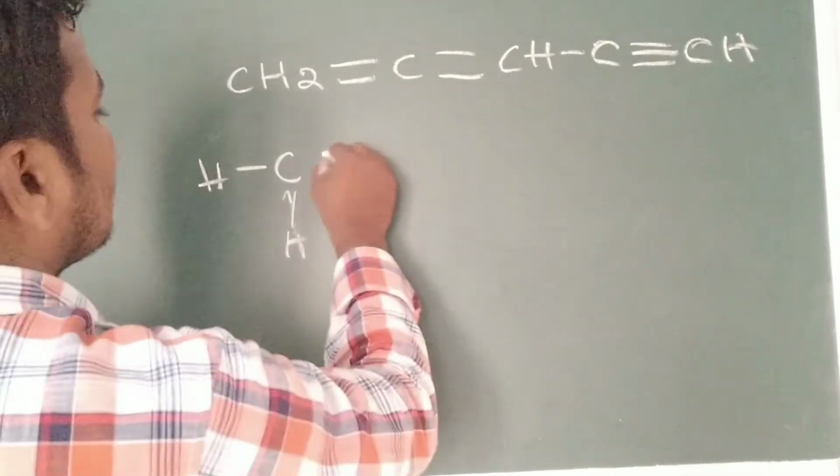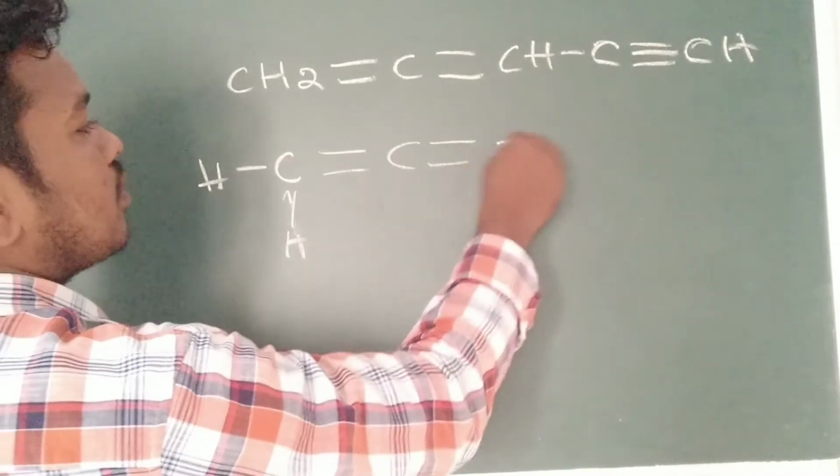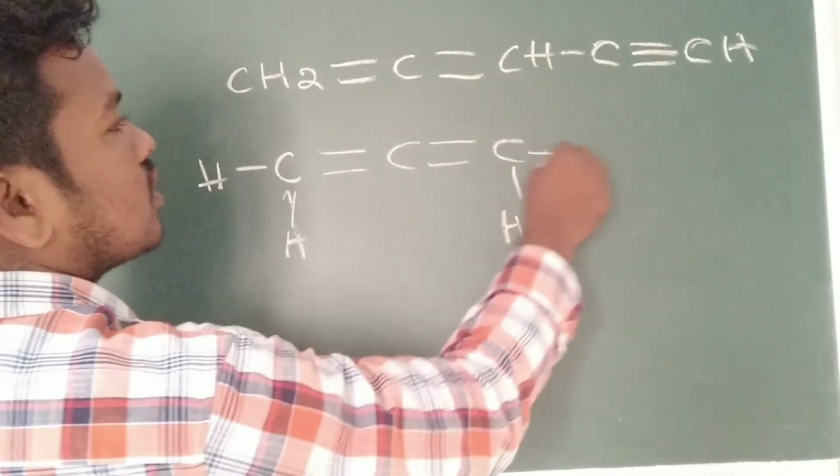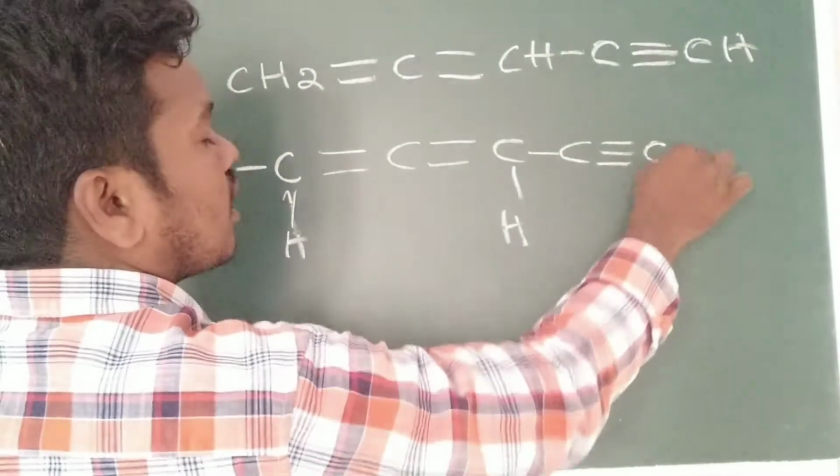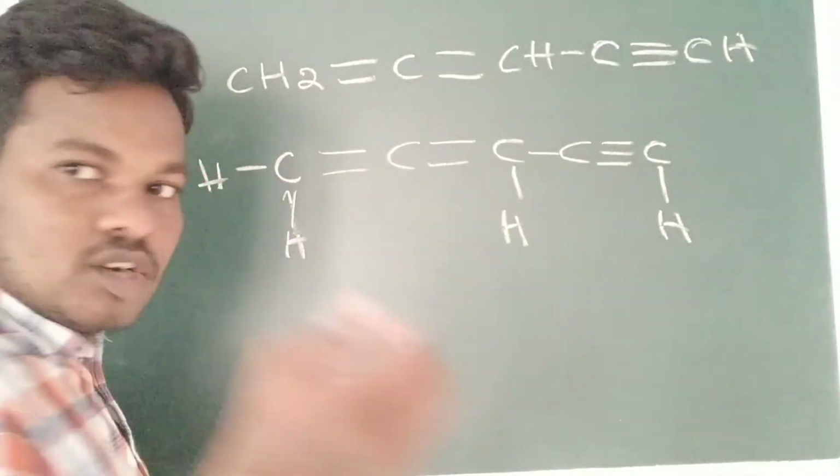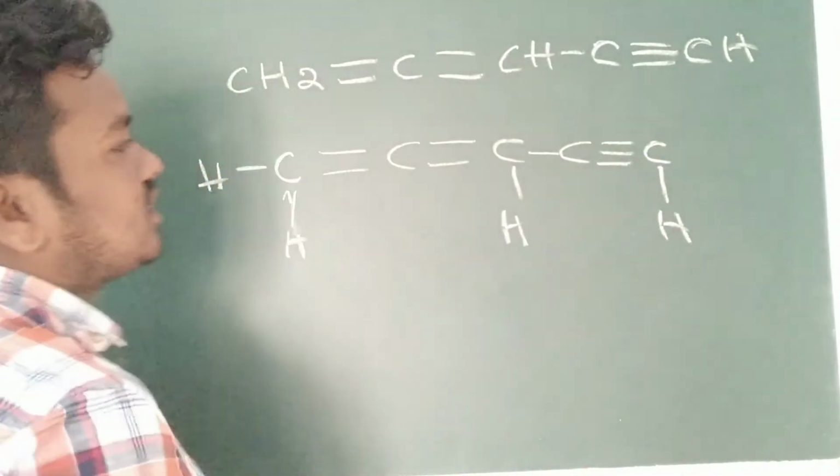H double bond carbon, double bond carbon, H, carbon, triple bond, carbon, H. Around each carbon, only 4 bonds should be present. Then only it is correct.